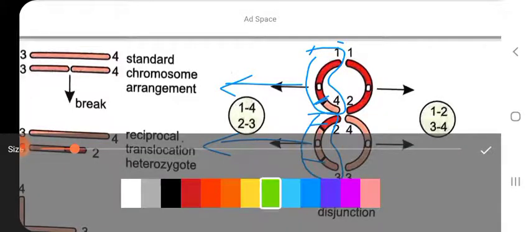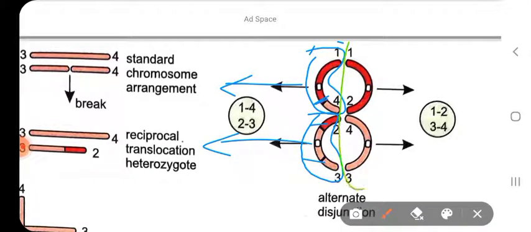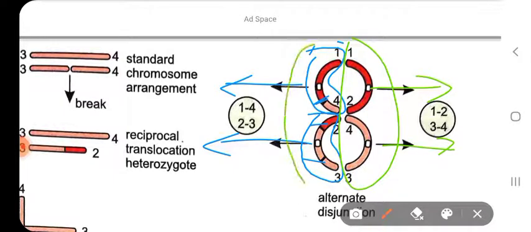Obviously one of the daughter cells is receiving the normal chromosomes here, and the other daughter cell is getting the translocated chromosomes. And we know that if the gene's position is shifted to a different position, a position effect will occur, and the expression of the genes will be affected, but the gamete will be viable.